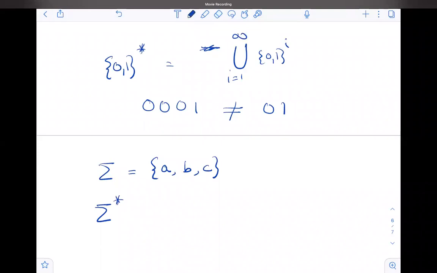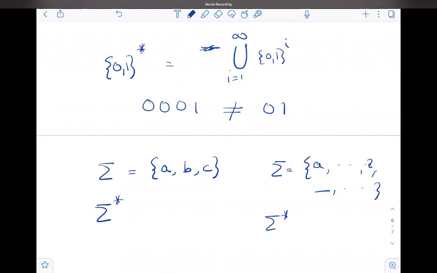So in some sense, if sigma is all the alphabets in the English dictionary, A to Z and some other numbers, space and whatnot, then sigma to the power star is the set of all English text that you can write.